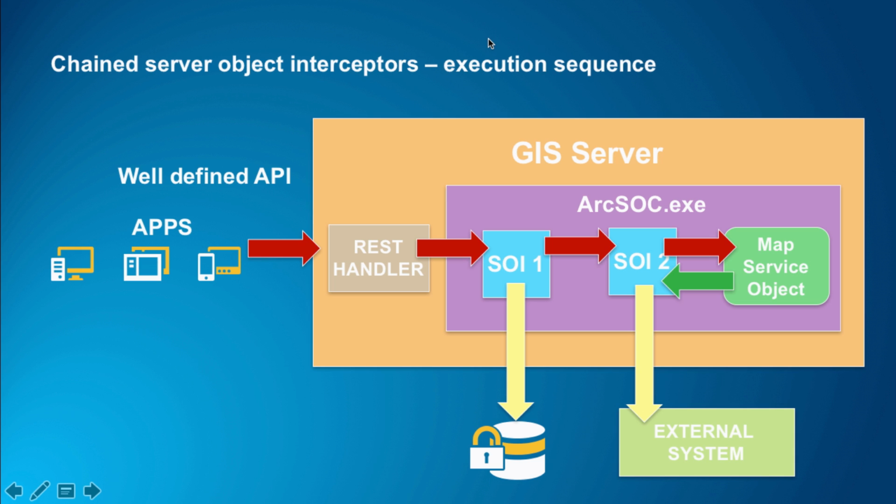So for anything that's downstream, you still want to get a chance to make sure that when the response goes back to the client, your security SOI still has access to make sure that the content flowing through the system is valid and acceptable to your organization. That's why it's important that if you have a security SOI, it can be repeated as many times as you want. And then it goes back to the client.